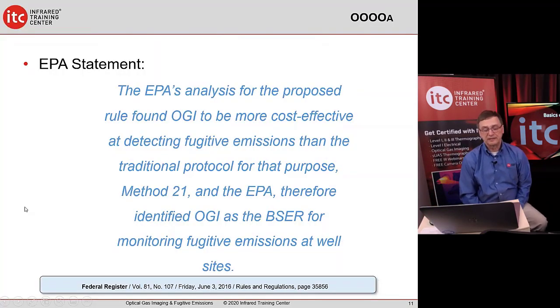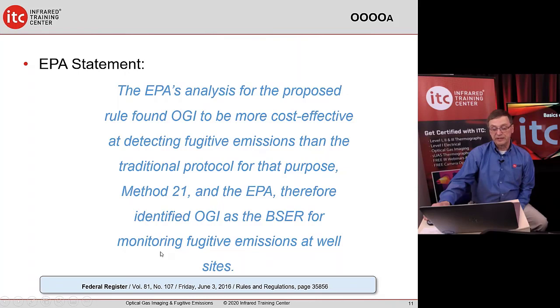And so here's EPA's statement on optical gas imaging. The EPA's analysis for the proposed rule found OGI to be more cost-effective at detecting fugitive emissions than the traditional protocol for that purpose, which is Method 21, a tried and true and very well trusted technology. And EPA therefore identified OGI as the best system for emission reduction for monitoring fugitive emissions at well sites.